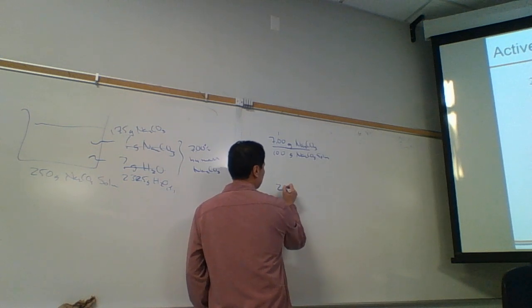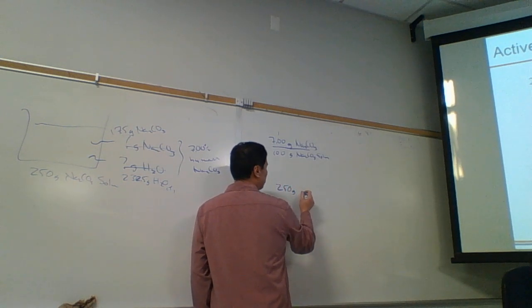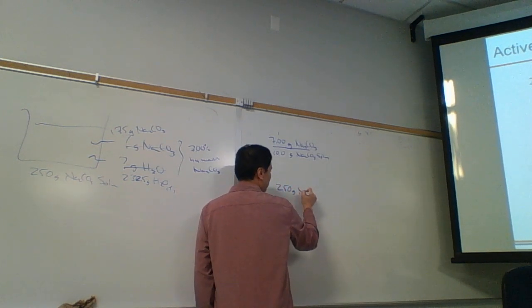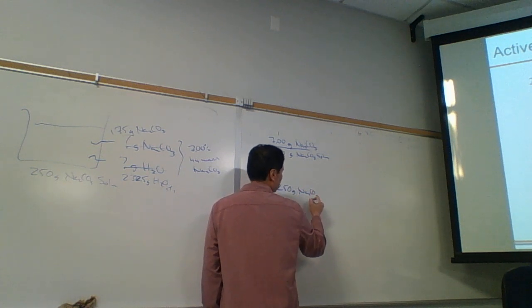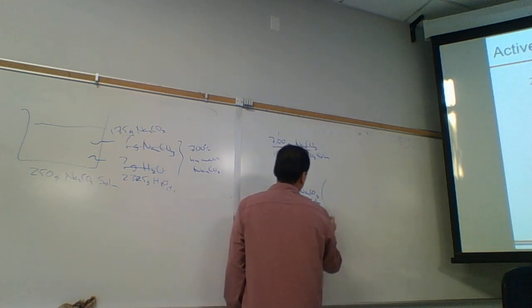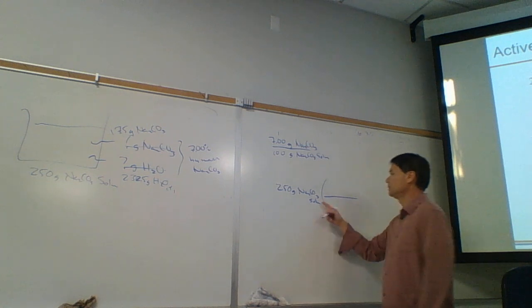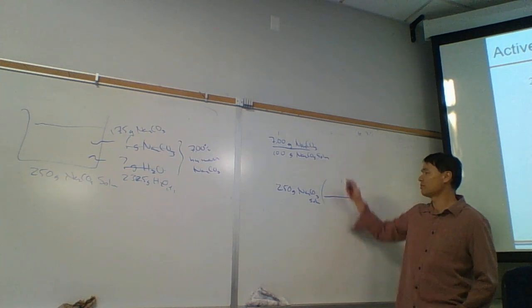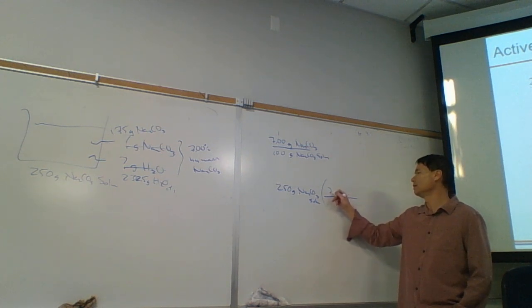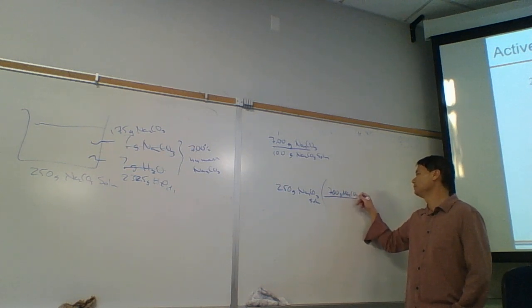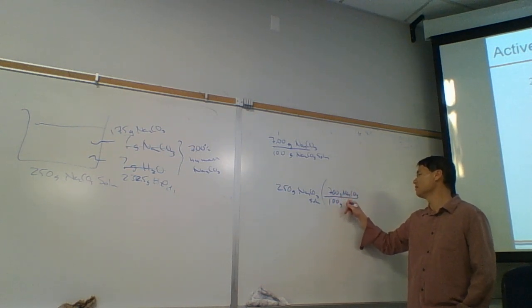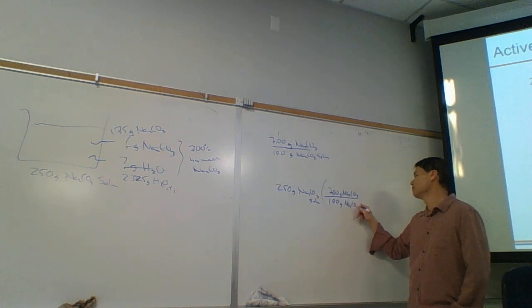I'd start off with 250 grams of solution. They're calling it solution. I'm going to call it sodium carbonate solution. Times this as a conversion factor. That is, there's 7.00 grams of pure sodium carbonate for every 100 grams of sodium carbonate solution.